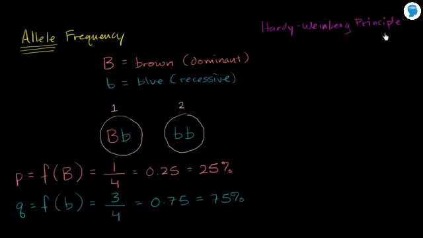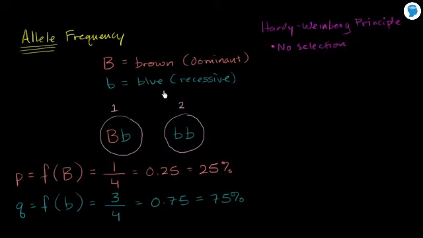Now, before we go into that, we're going to make some assumptions. And these are all just assumptions that get us a stable allele frequency in the population from generation to generation. We're going to assume that there's no selection. No natural selection, or even unnatural selection, is going on that would change the allele frequency.